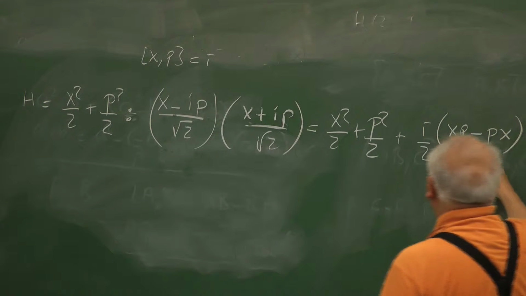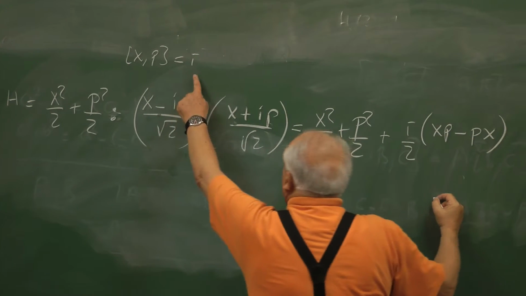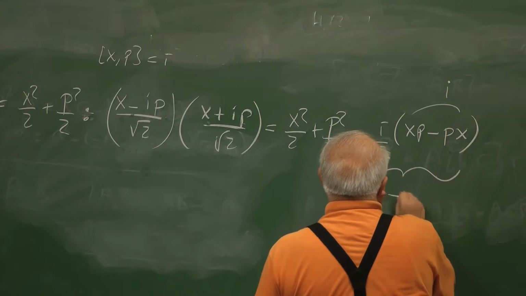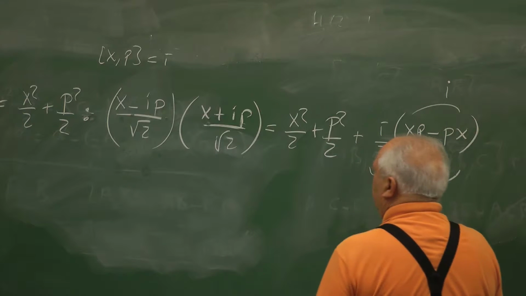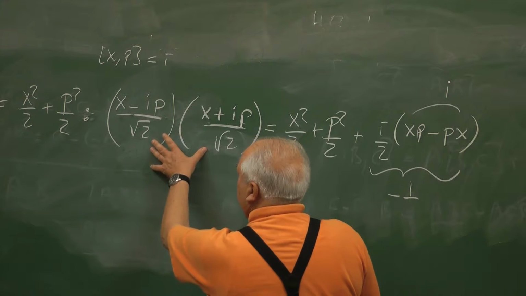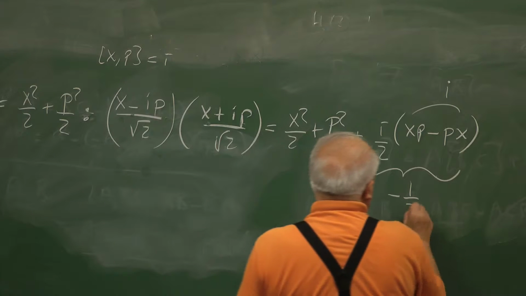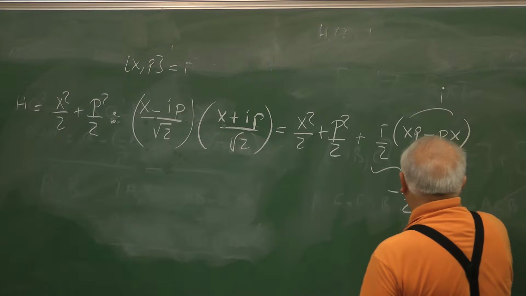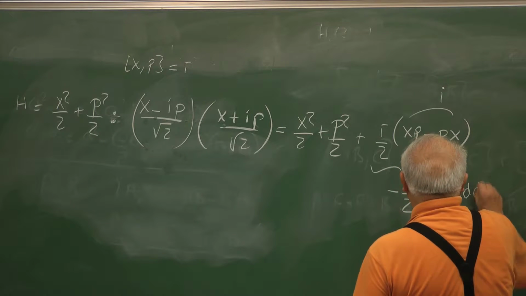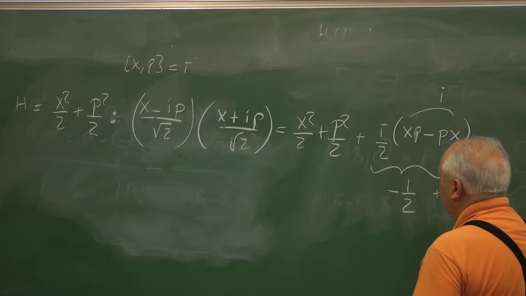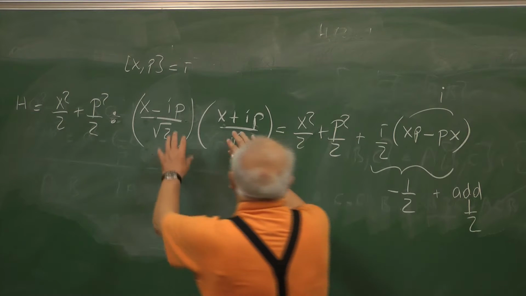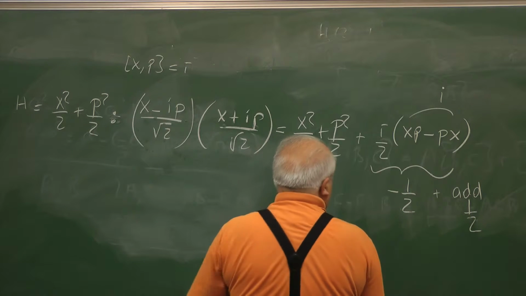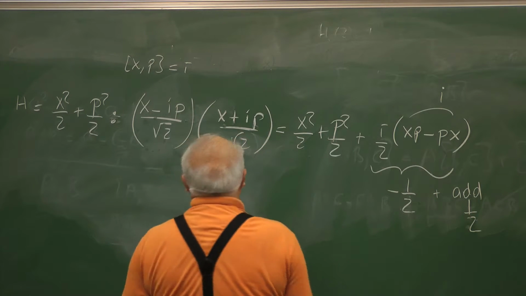But this is just the xp commutator, which we gave as I. So this is I. That means that in doing this factorization, we have subtracted 1/2 from the Hamiltonian. And to get back to the Hamiltonian, we must add 1/2. So this is the Hamiltonian minus 1/2. To that we add 1/2, so they cancel and we get back to this form.